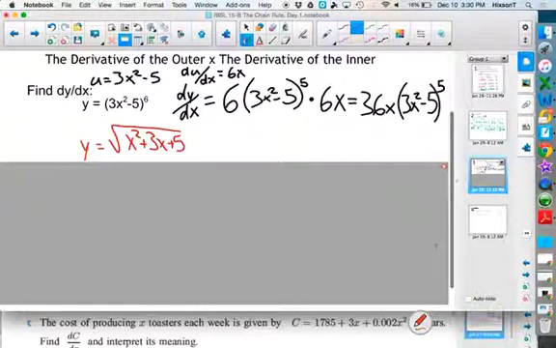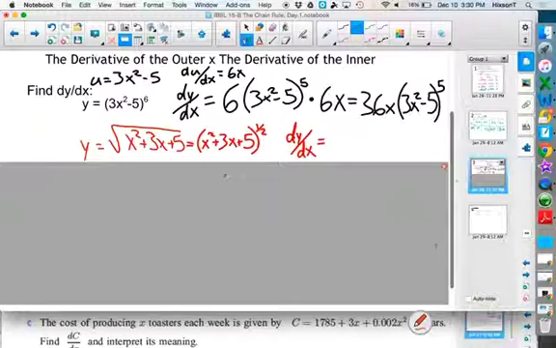We saw this one. You guys correctly identified the square root as the 1/2 power. So dy/dx.